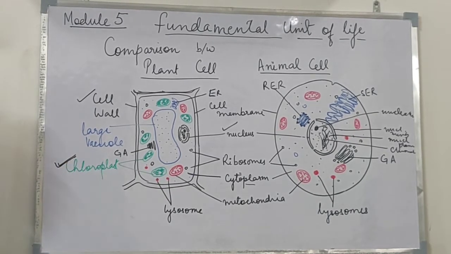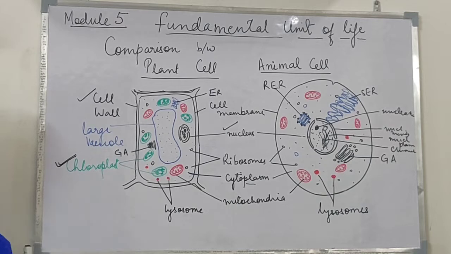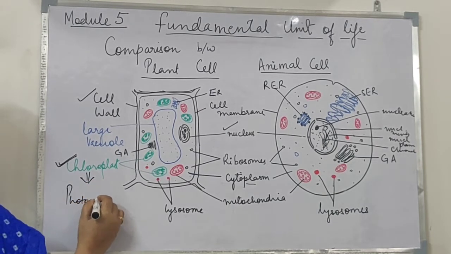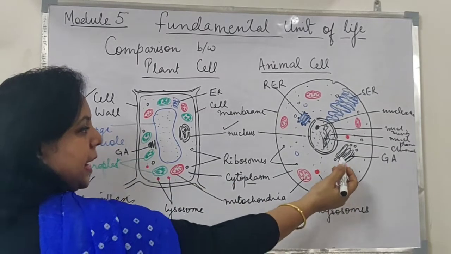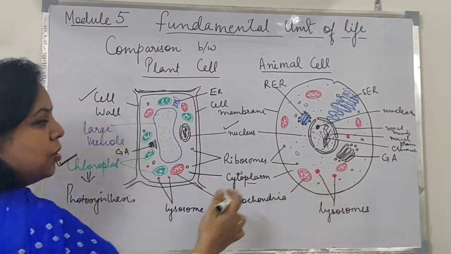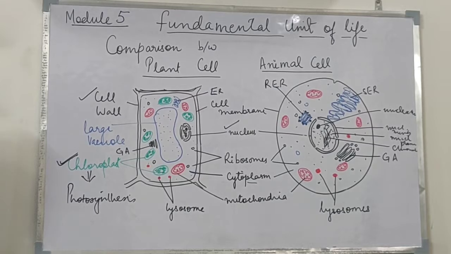So, chloroplasts are the largest cell organelles in case of plant cell, which are performing the function of photosynthesis. Photosynthesis, as you know, is absent in animal cell, so there is no chloroplast. So this is the third point of difference.